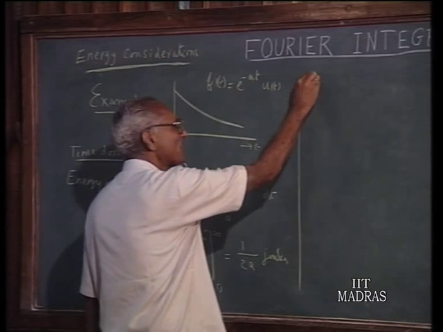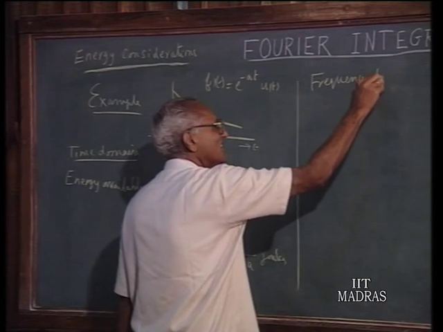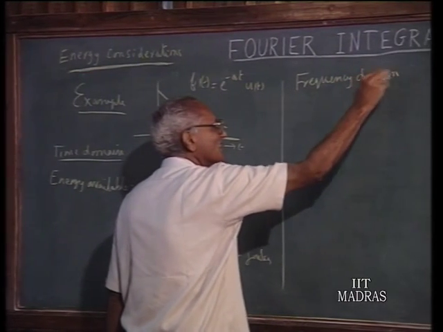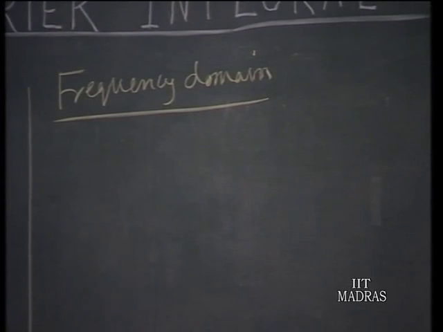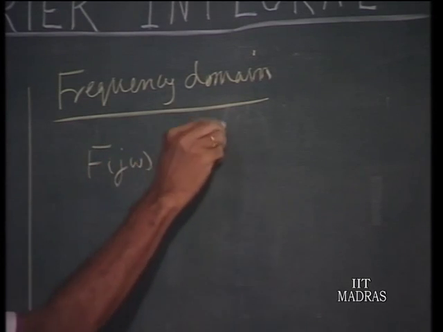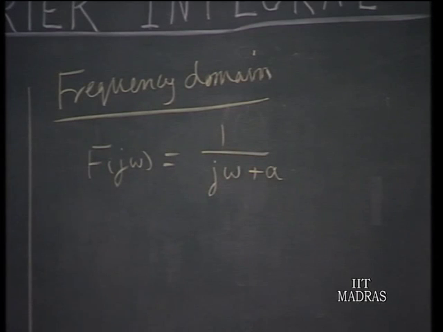Let us work this out in frequency domain. F of j omega is 1 over j omega plus a, but we were talking in terms of energy.